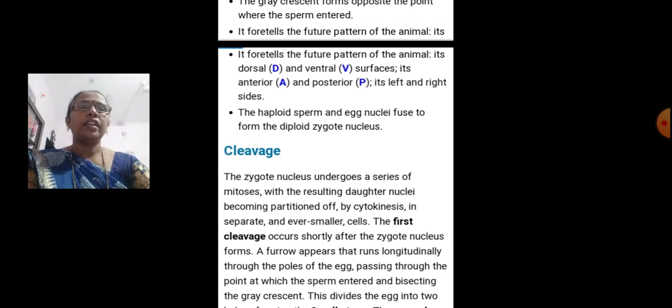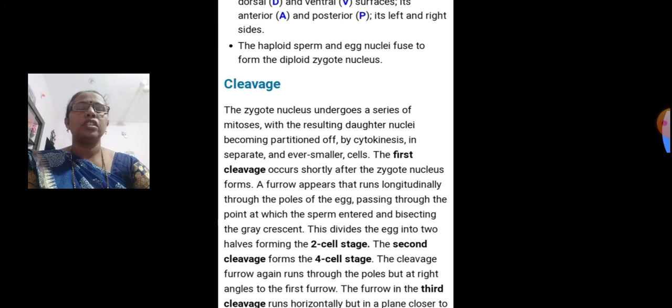In separate and ever smaller cells, the first cleavage occurs shortly after the zygote nucleus forms. A furrow appears that runs longitudinally through the poles of the egg, passing through the point at which the sperm entered and bisecting the gray crescent.